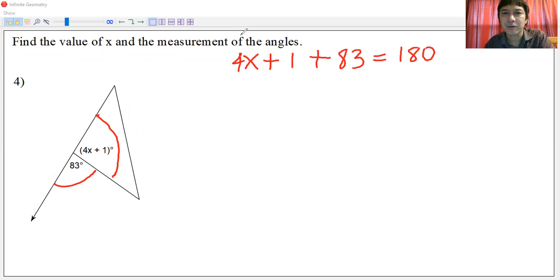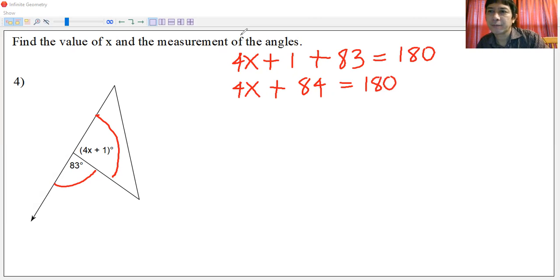We're going to solve for x. This is now 4x. 83 plus 1 first, that's 84, equals 180. In problems like this, you need to know your solution for linear equations with one variable.